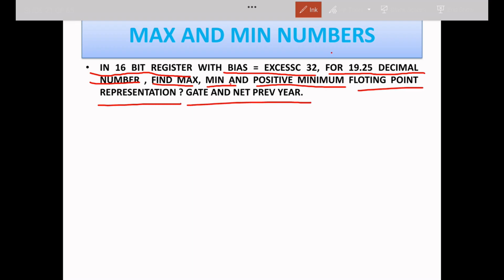This was asked in a previous year GATE exam. Your number is 19.25 base 10, and this is plus already. This is excess 32. He has given excess 32, and this is a 16-bit register.